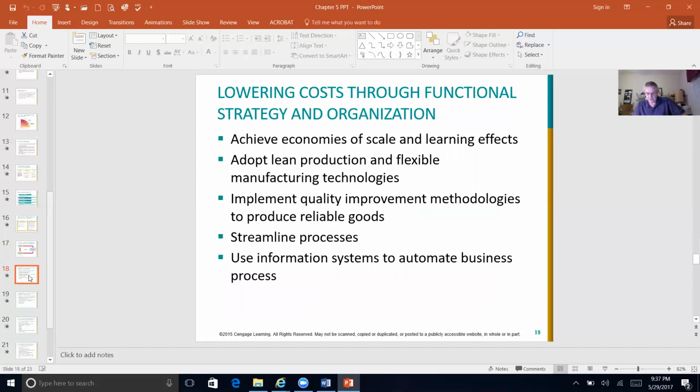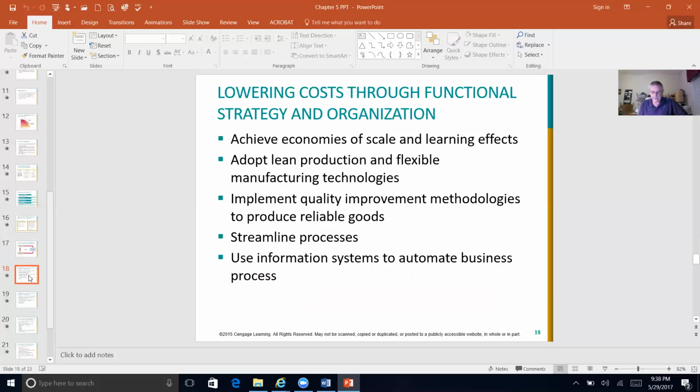Let me back up just for a moment. When I think about this low-cost strategy, it's really about developing a strategy that develops superior efficiency and supports superior product reliability.